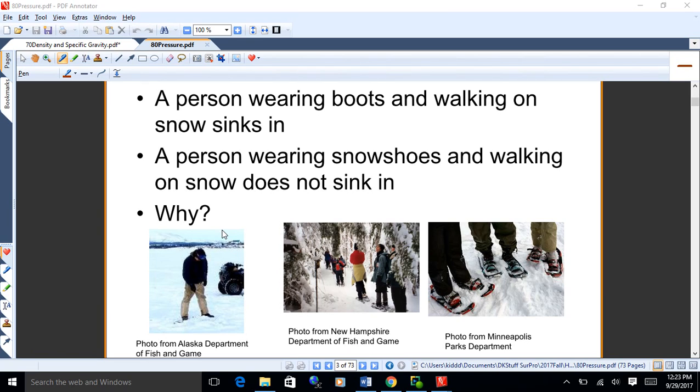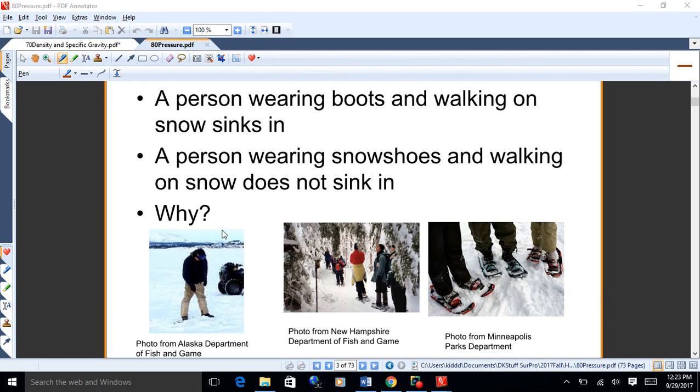Now, if you don't want to do that, you can come up with snowshoes, right? Snowshoes don't change your weight at all. They don't make you any lighter. If anything, they make you a little bit heavier. But what do snowshoes do? They spread it out, right, okay?